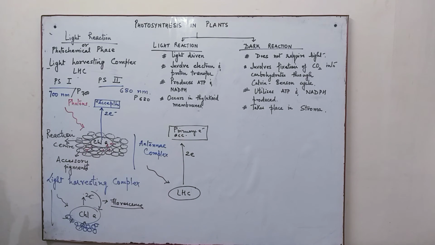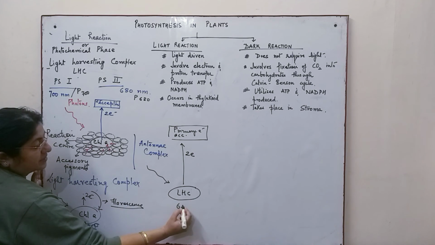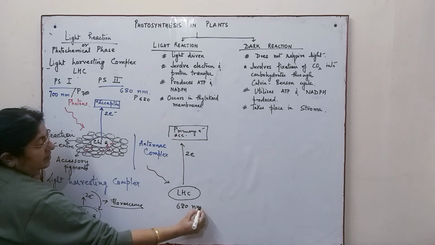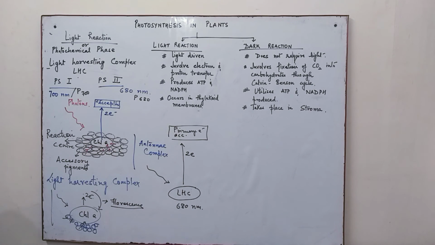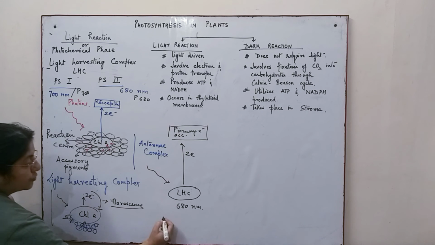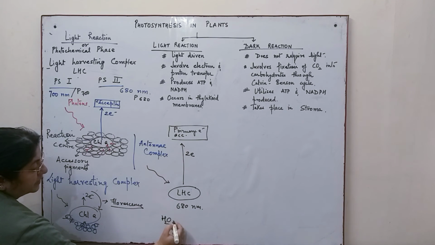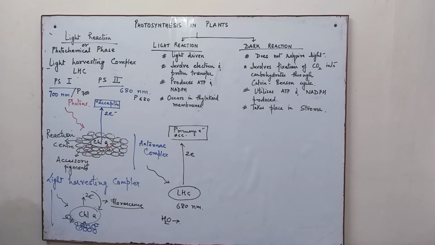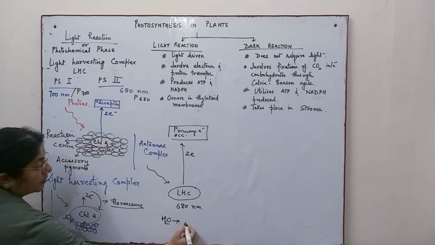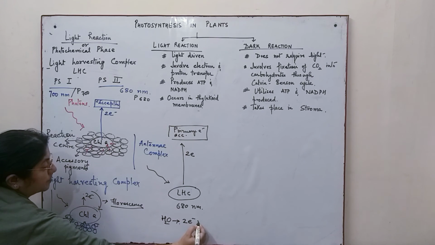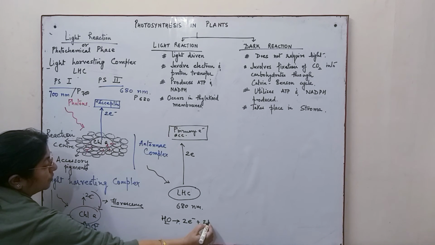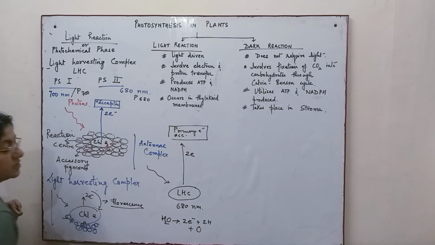Now this primary electron acceptor works at 680 nanometers, and here the photolysis of water takes place, which results in electrons, hydrogen and nascent oxygen.